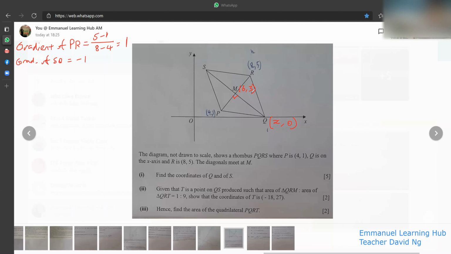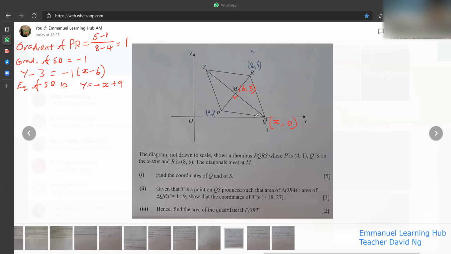So since I have the gradient of SQ, I have the equation of SQ. Equation of SQ is y minus 3 equal to minus 1 multiplied by x minus 6. So you tidy up this expression, your equation of SQ will be y is equal to minus x plus 9.